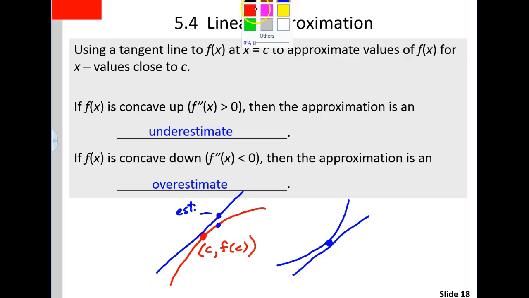If we were trying to estimate a point on the curve, our estimate on the tangent line here would be an underestimate because it is below the point. So what we're going to be doing is taking a derivative, writing a tangent line, and using the tangent line to estimate the value of the function. So we'll do this in our first example.